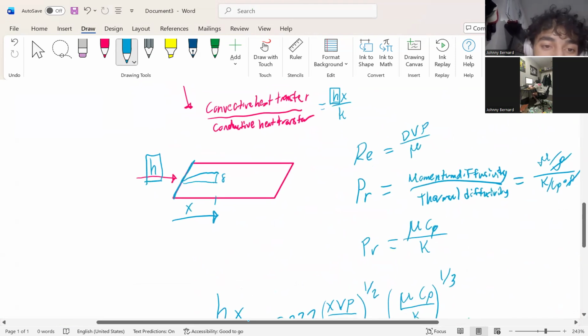So since we want to maximize it, we want the smallest possible length that we can get within that. So that is how to maximize the heat transfer over a rectangular flat plate.